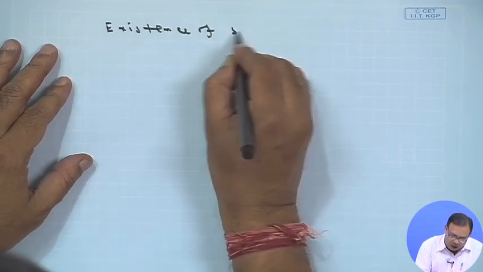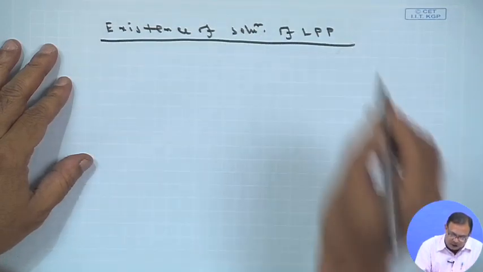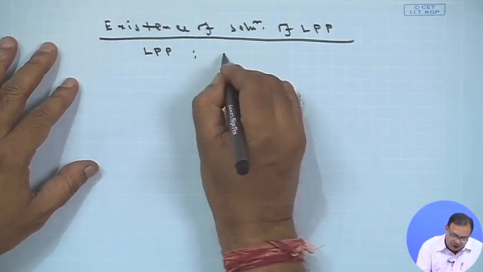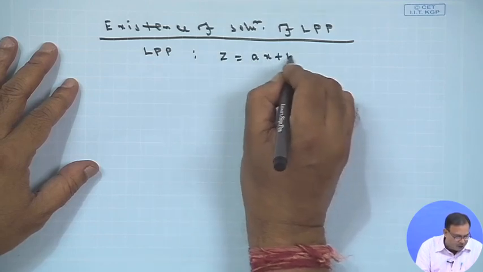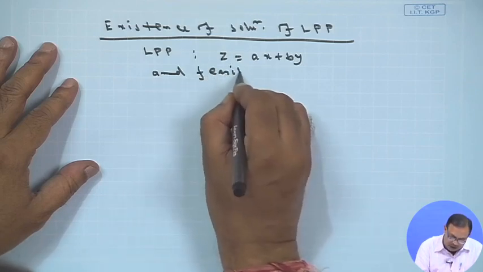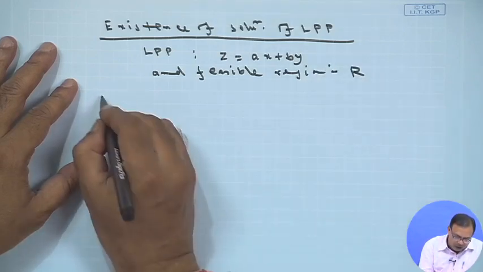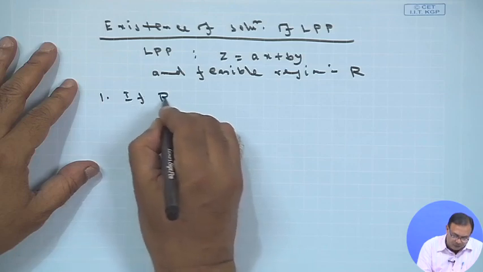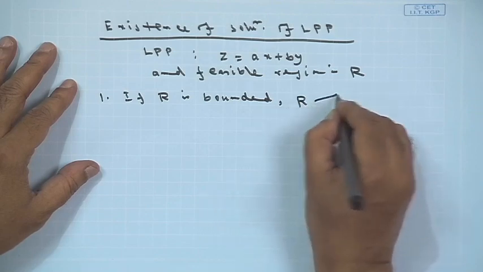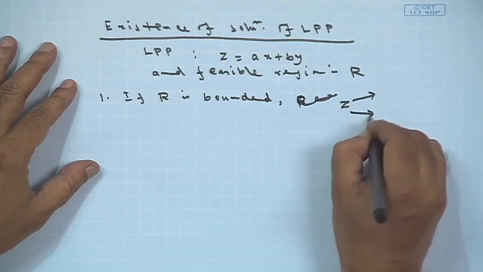of solution of LPP. In general, what we can say for the existence of a solution of LPP, if you have an LPP of the form Z equals AX plus BY, and your feasible region is, suppose, R. So, number 1, if R is bounded, then Z has both maximum and minimum value.